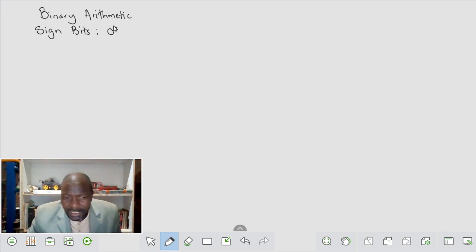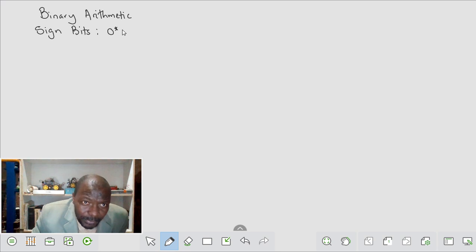Just like we have a carry flag, all of them have designated spaces assigned to them. So we assign a 0 to mean positive, and we assign a 1 to mean negative. Positive and negative.